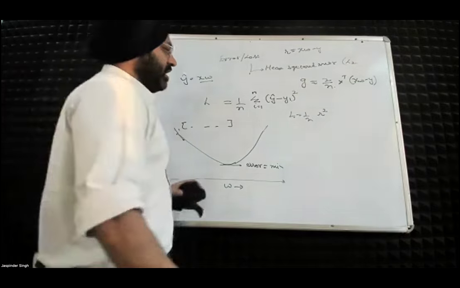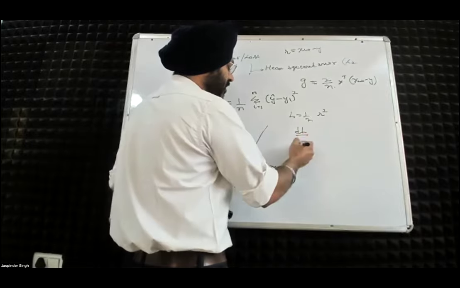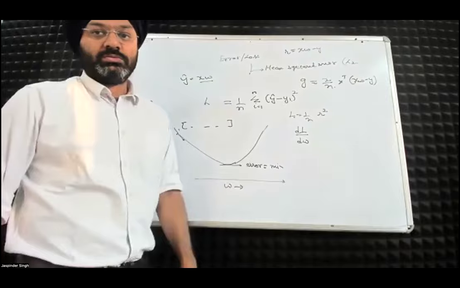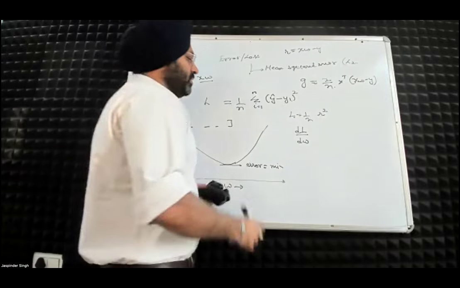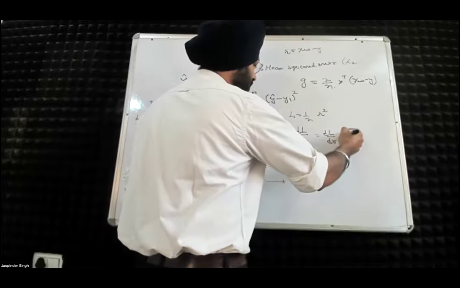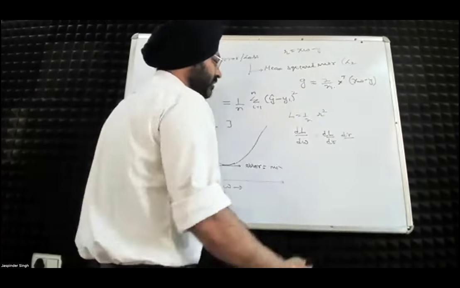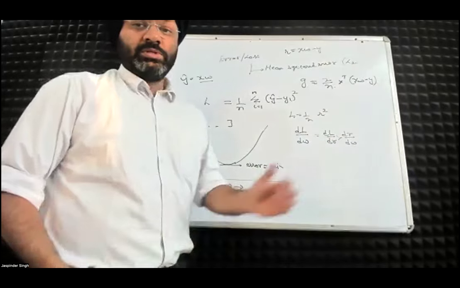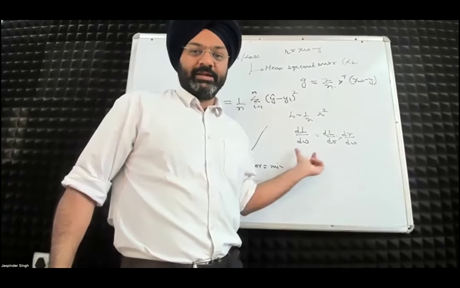All right. If I'm taking the differentiation of the loss function with respect to the weights, that's what we need to find out. Then this is equal to dL/dr times dr/dW. We can write the differential like this, right?